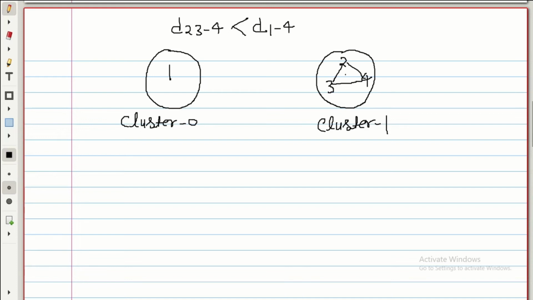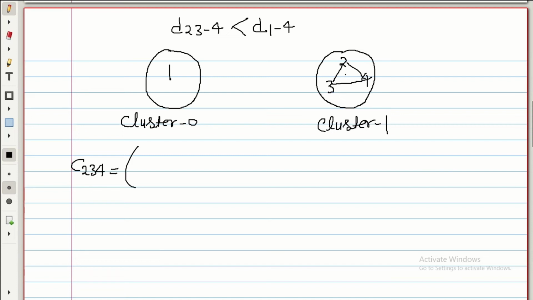Now you will calculate the centroid of cluster number 1. Cluster number 0 has still instance number 1 as centroid. So how will you calculate the centroid of cluster number 1? C of 2, 3, 4.